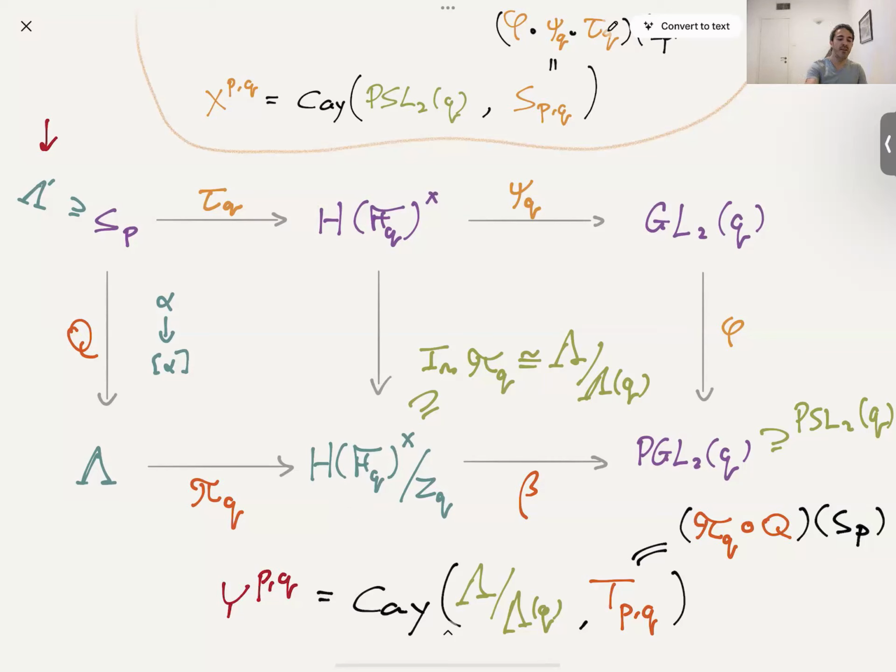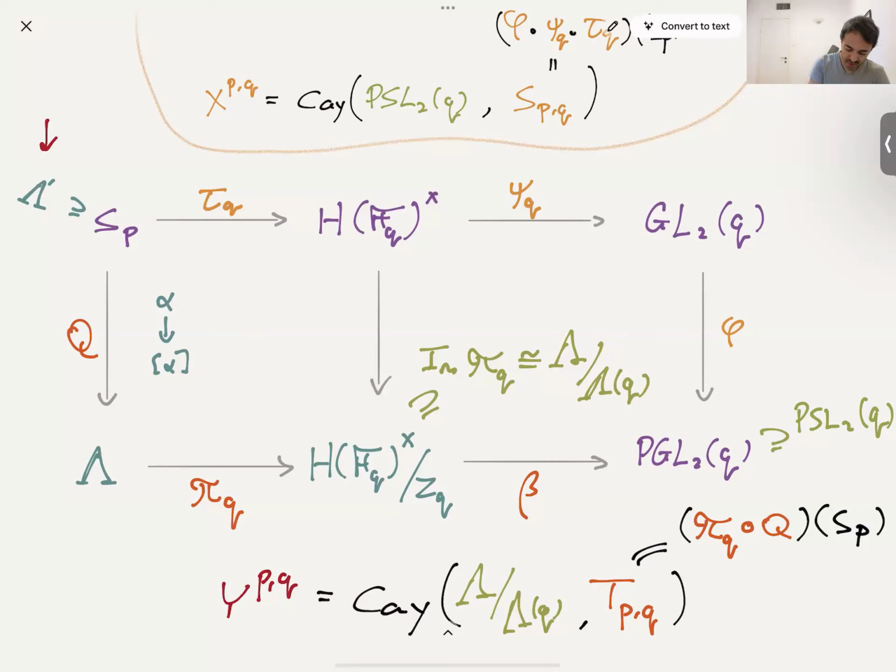So if alpha and beta are equivalent under the relation, then tau Q will map their difference, namely the inverse of the one times the other, to ZQ. And so tau Q descends to this map, which we called pi Q. It's just tau Q, descended down. And this is just the natural projection modulo ZQ, and so this diagram commutes.